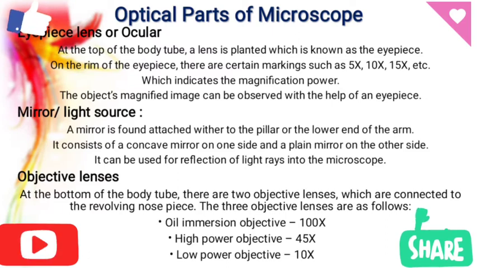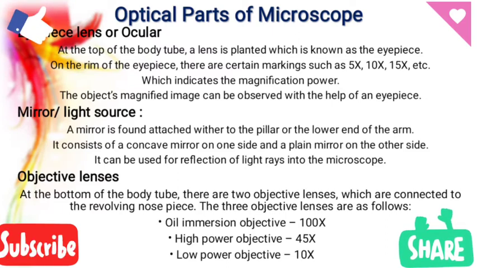Then the optical parts: eyepiece, lens or ocular. At the top of the body tube, a lens is fitted, which is known as the eyepiece. On the rim of the eyepiece, there are certain markings such as 5x, 10x, 15x, etc., which indicate magnification power.